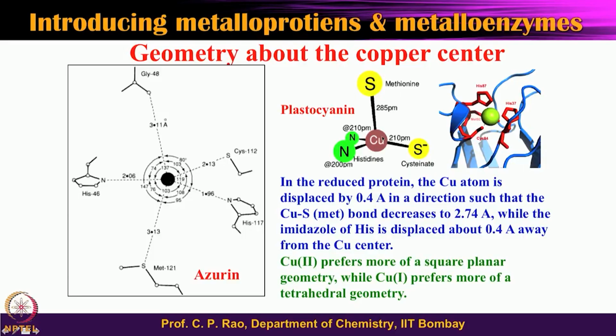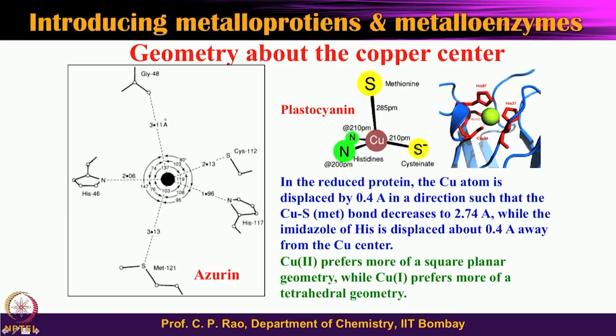When the copper 2 plus receives an electron and reduces to copper 1 plus, you get a reduced protein, so electron transfer occurs between copper 2 plus and copper 1 plus. Then, when you have copper 1 plus, the methionine sulfur comes closer by at least about 0.4 angstroms, and one of the histidines goes a little farther away.